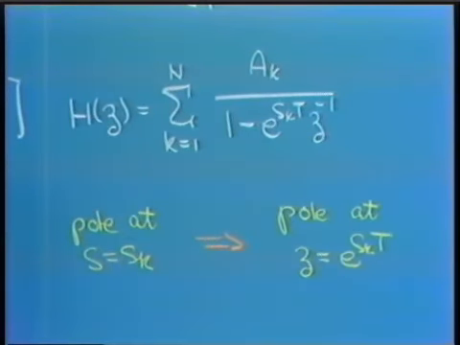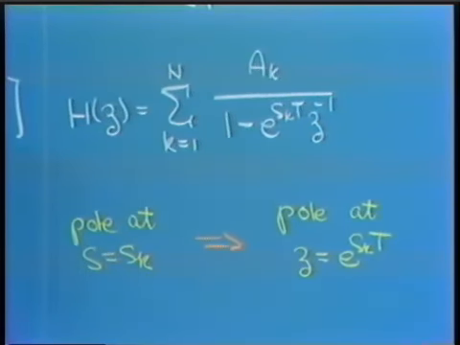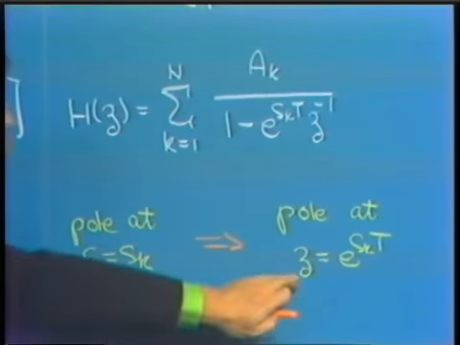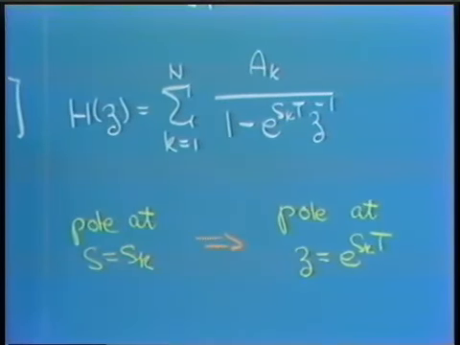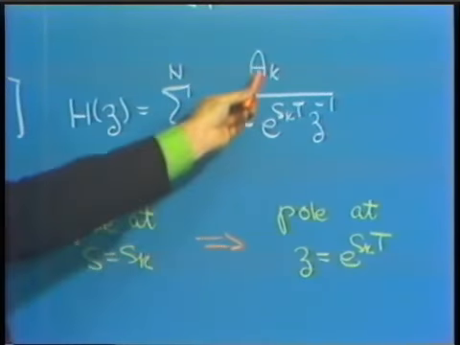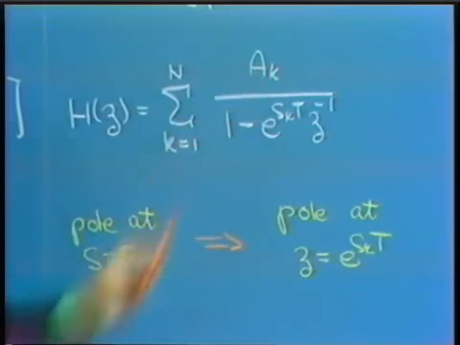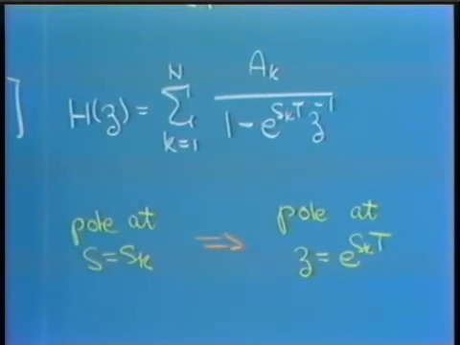Well, no, it doesn't do that. What it does is map the poles in the s-plane to poles in the z-plane according to this mapping. The other thing that it preserves are these coefficients, the coefficients a sub k, that is the residues of the poles. So it maintains the residues of the poles.